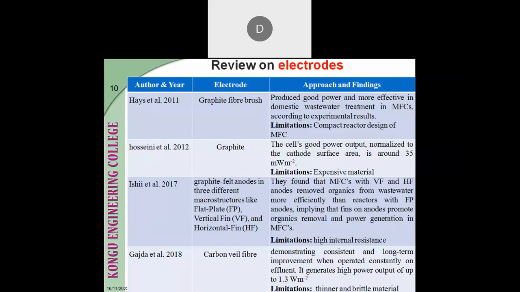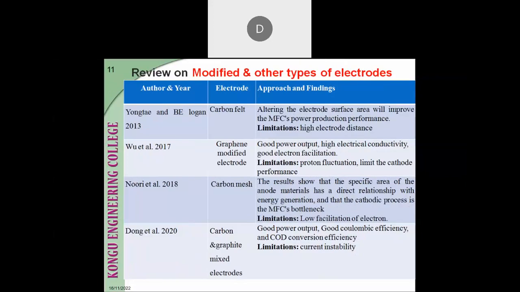Similarly, there are many studies conducted using carbon fiber, and of course other types of electrodes. Some authors have used carbon felt, some people have used graphene-modified electrodes, and also carbon mesh and carbon-graphite mixed electrodes.